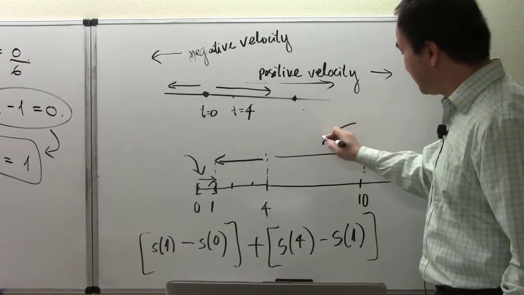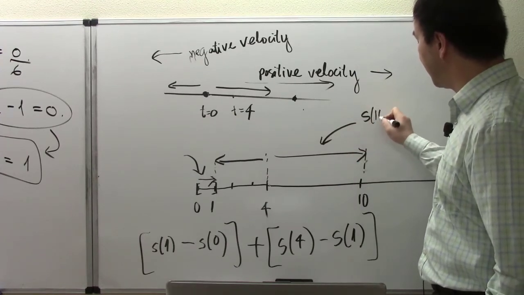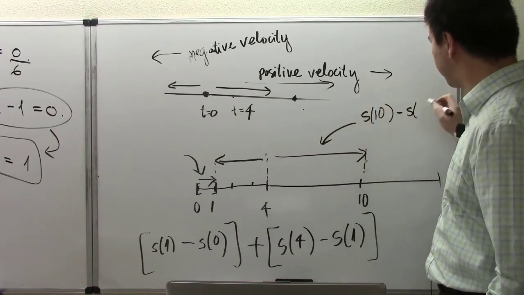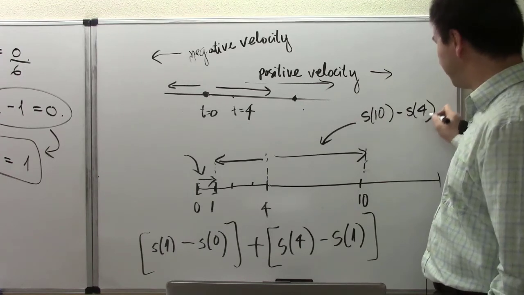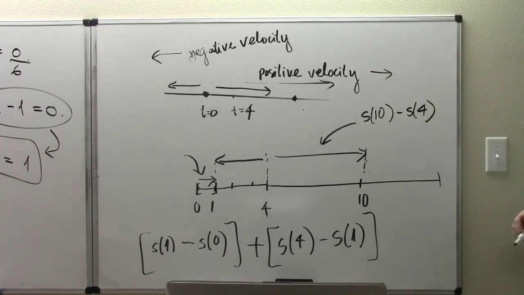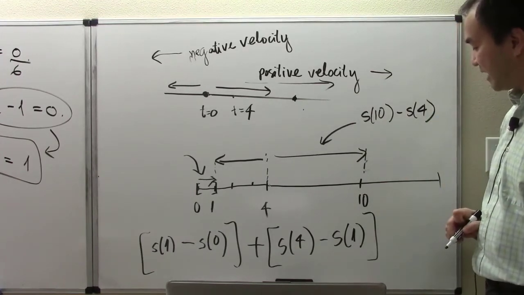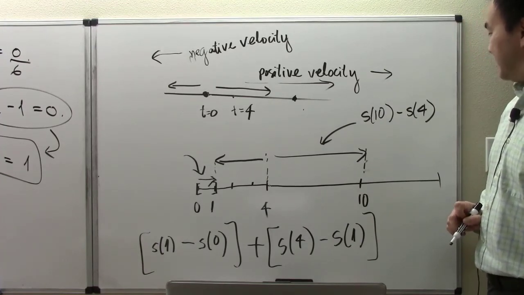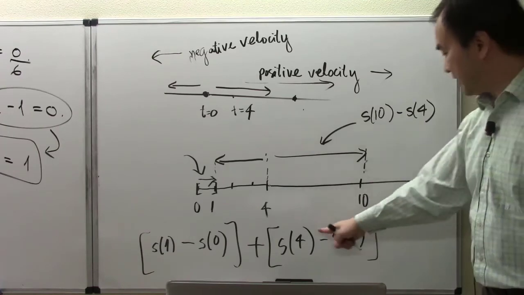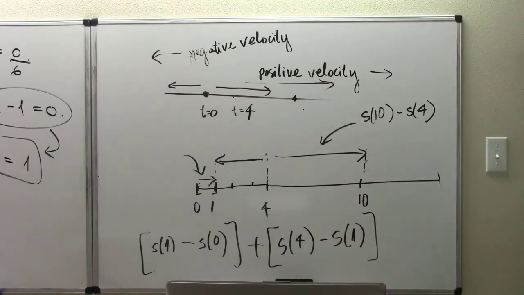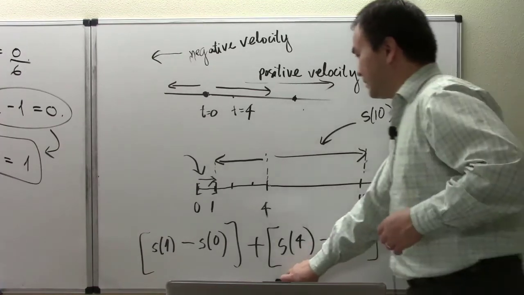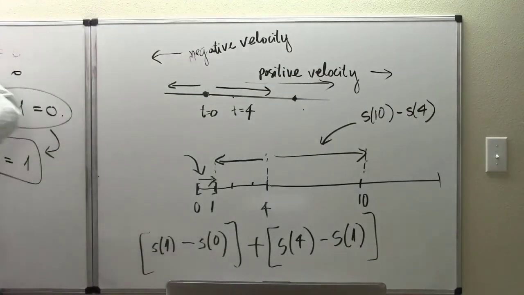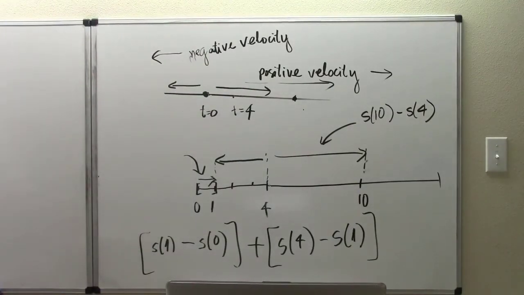So this last piece right here is S of 10 minus S of 4. But once again, keep in mind these are all positive quantities. So don't just simply cancel all these things out right there, because I have a reason to ask you not to do that.